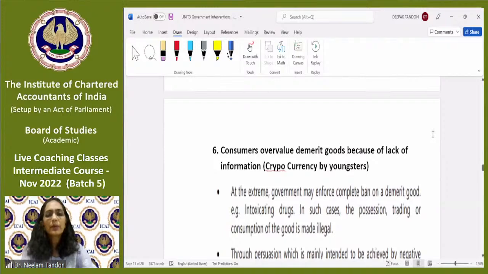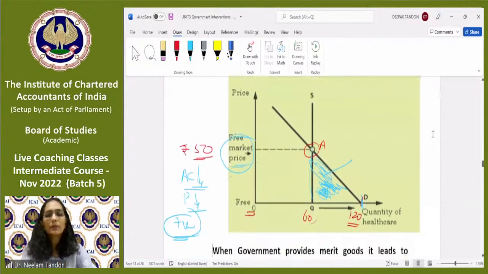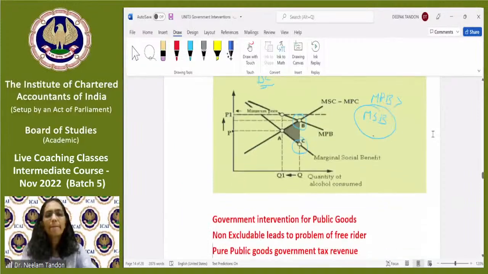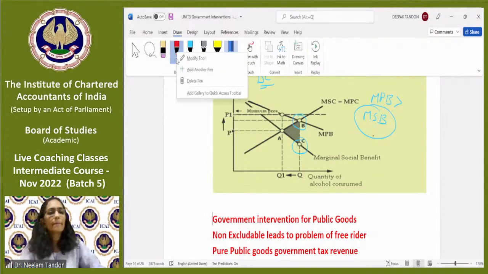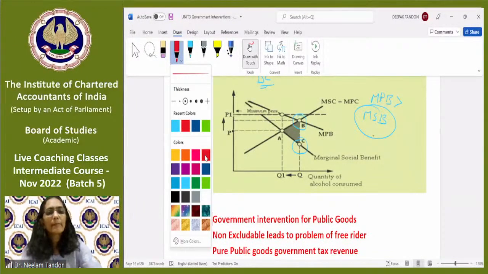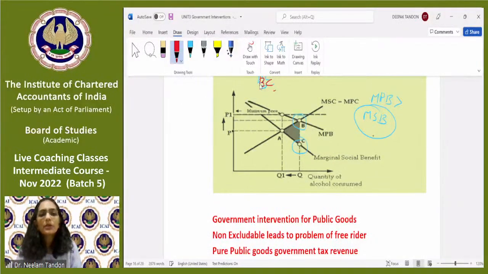Okay, so this we have done, demerit good we have done. Yes, we were here. So you can see here, what is this depicting? This is loss, isn't it?